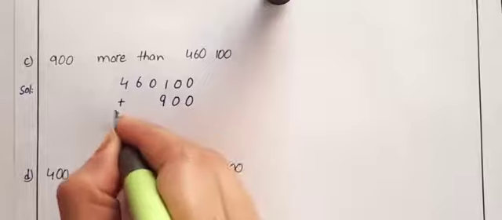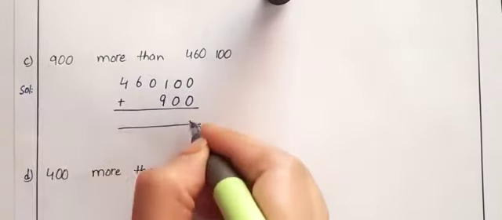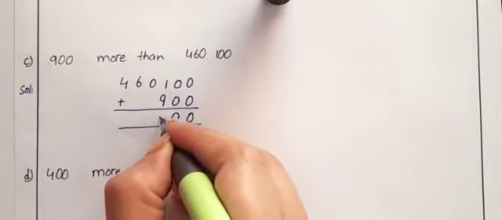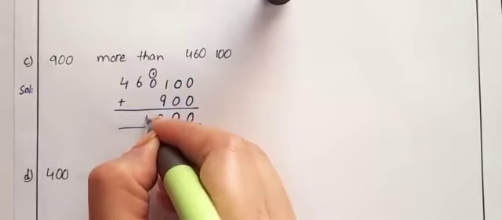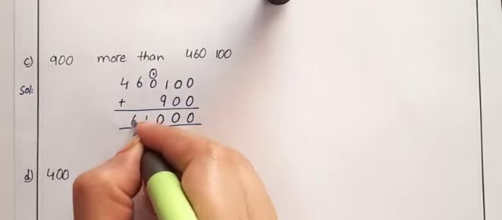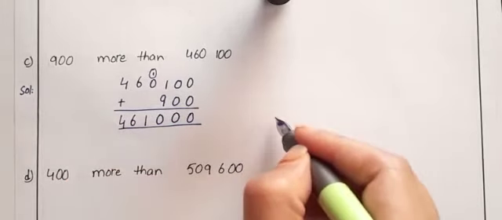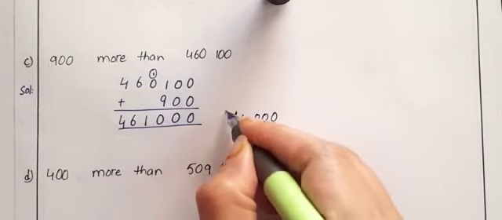Always remember we have to start writing from the right hand side, not from here. 0 plus 0 is 0, 0 plus 0 is 0, 9 plus 1 is 10, 0, 1 carry, 1 plus 0 is 1. Okay, this is 6, this is 4. Now you can read it, 461,000. So let's write it 0, 0, 0 space 164.